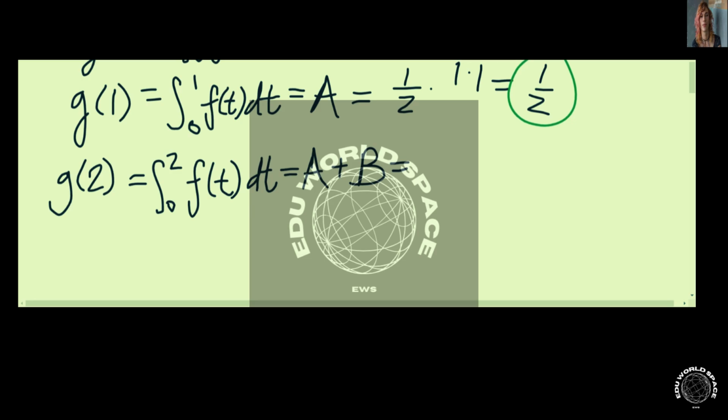Remember that these are signed areas. Well, this is in fact 1/2 plus 1/2 times 1 times -1. Our height is below the x-axis, and so this is 0.